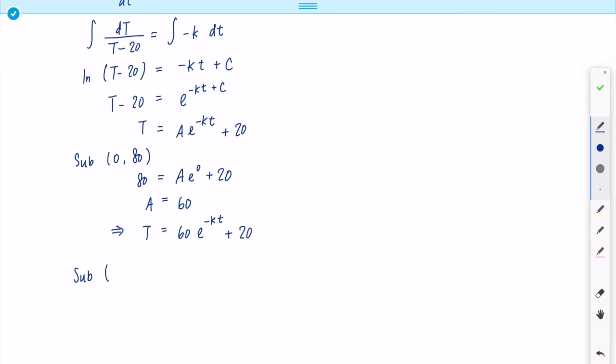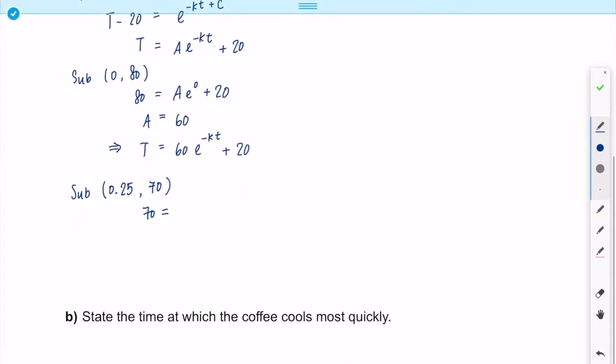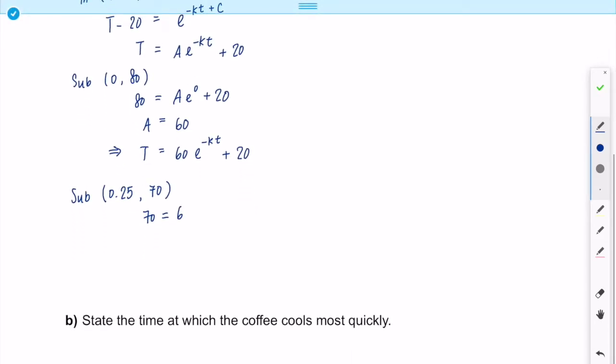So 15 minutes is a quarter hour, and 70. And I have 70 equals 60 e to the negative k multiplied by 0.25 plus 20. I have 70 minus 20, which is 50 over 60. So this is 5 over 6.